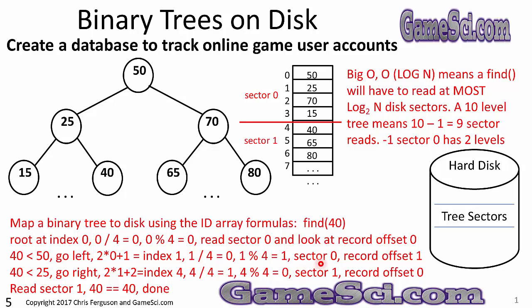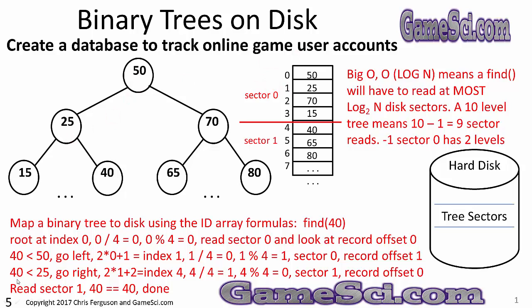So we go to sector 0, record offset 1, and we look at that value. Sector 0, record offset 1 is the 25. The left child of 50 is in record offset 1 of this sector.